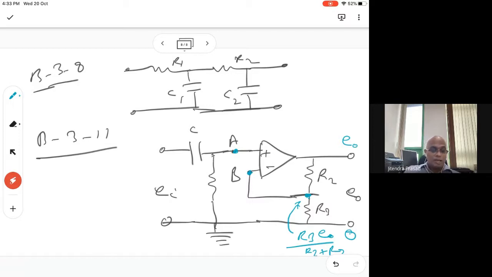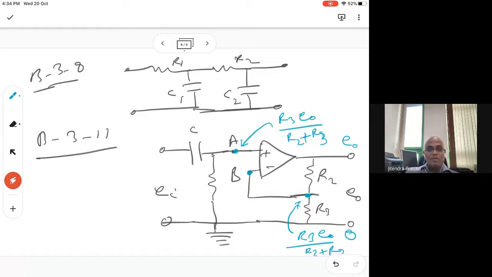This is how it works. So you can straight away put this value here, and simply this is R3 E naught divided by R2 plus R3. Just do that, and then you will see that you can work it out now. So once you know that, it is very easy to work with.